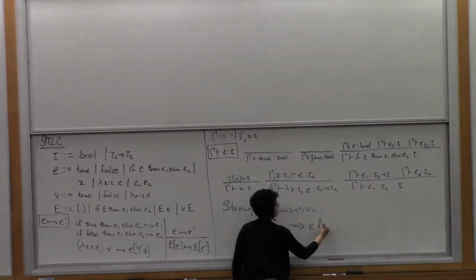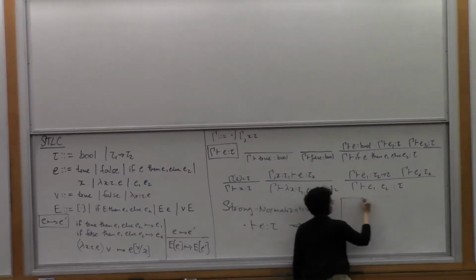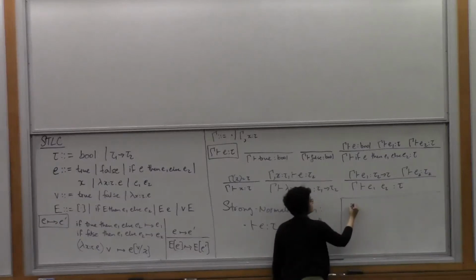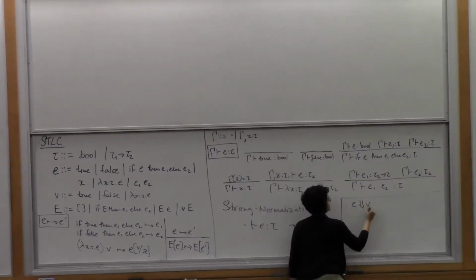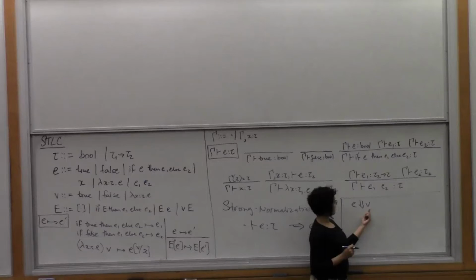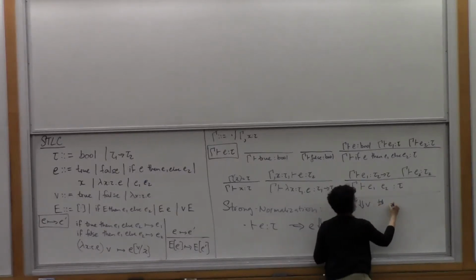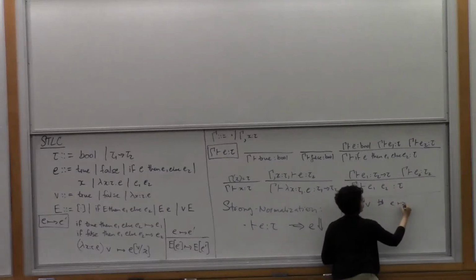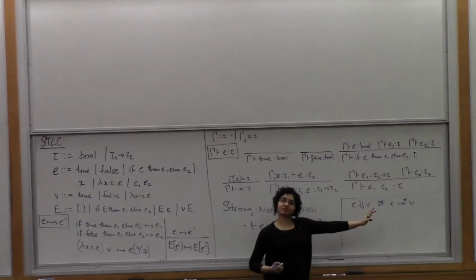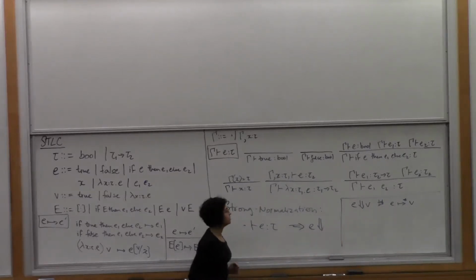Let me define some abbreviations here. This notation means that E evaluates all the way to a value V. It's just another way of writing that E takes a whole bunch of steps and gets to value V.